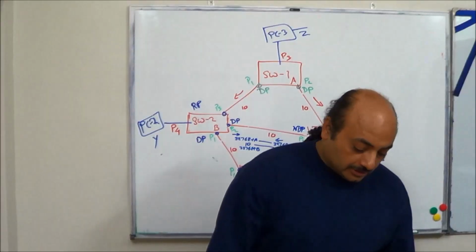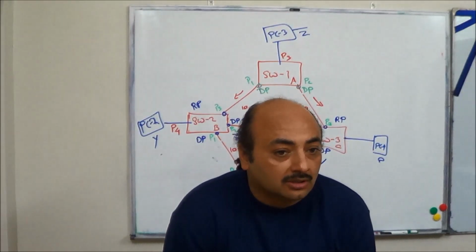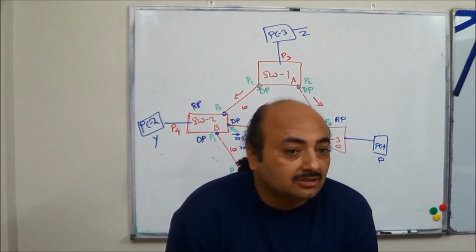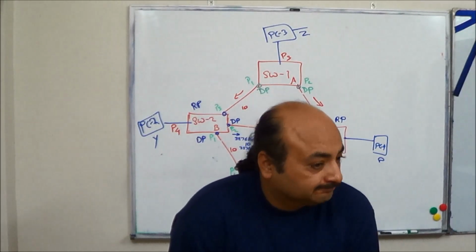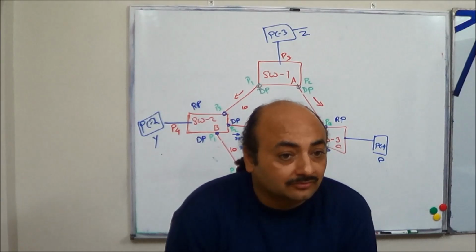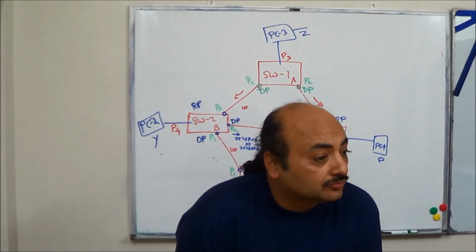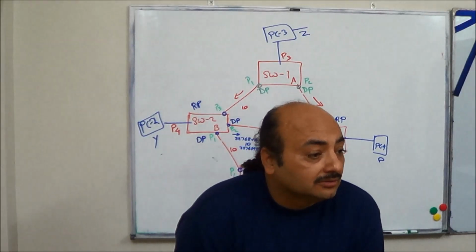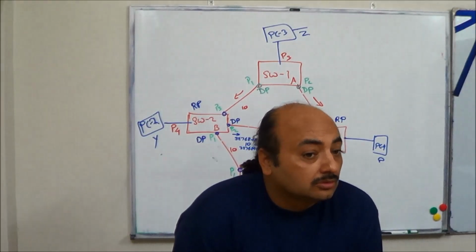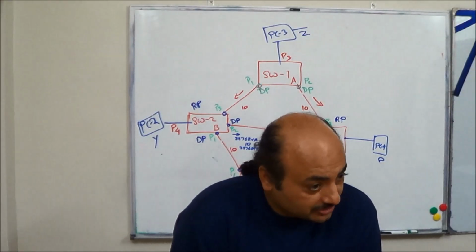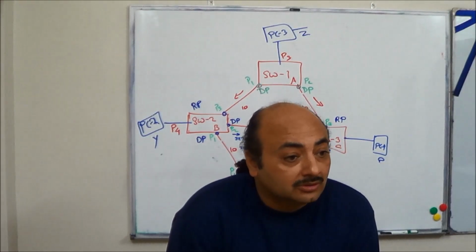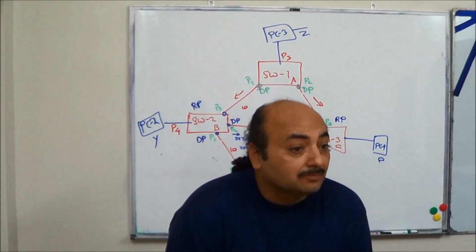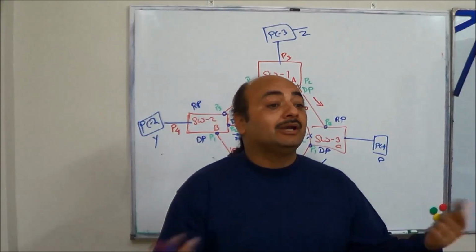Now the other point is, let's see what we have done. First, we elected the root bridge. Second, we elected the root ports. Third, we elected the designated ports, which one on a particular segment is going to be DP or NDP.